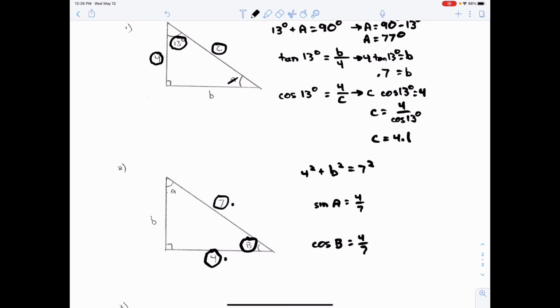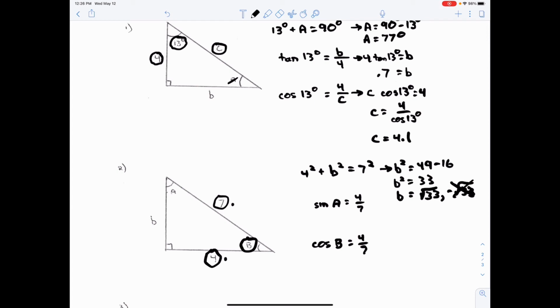Now, at this point, you can do the rest in your calculator, but you're going to have B squared equals 49 minus 16. So B squared is going to be what? 33. So B is going to be the square root of 33, and also the negative square root of 33, but since it's a side, we can throw that one out.